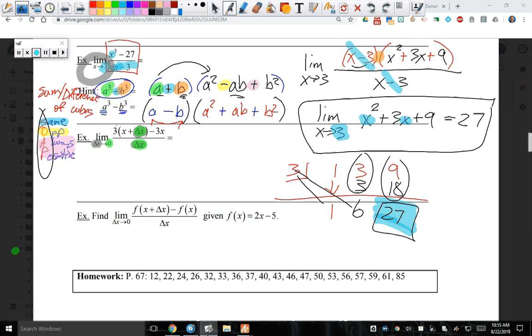Here we go. Distributing the top, I get 3x plus 3 delta x minus the 3x that was already there, and the delta x on the bottom. Guys, you will hear me say this all year. Multiplication cancels to forms of what? 1.